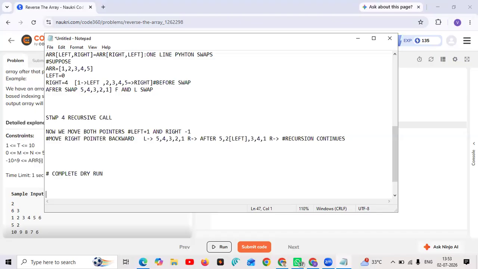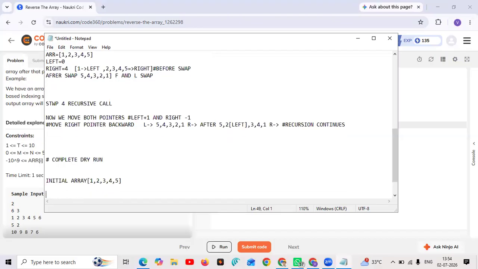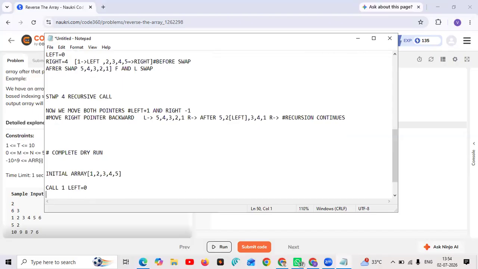Complete dry run of the code: the initial array is 1, 2, 3, 4, 5. Call one says left is 0 and right is equal to 4.